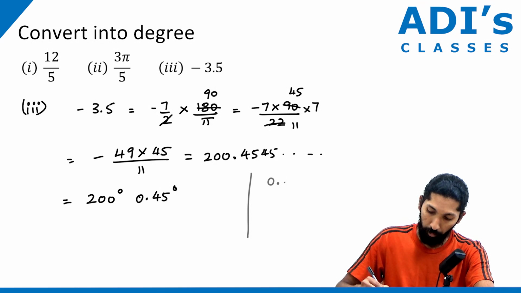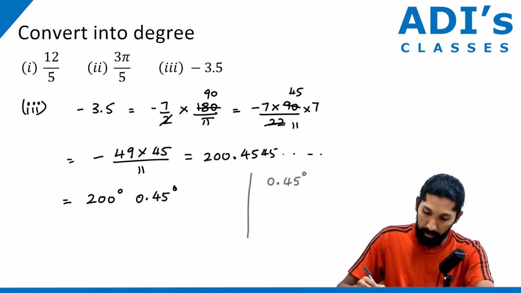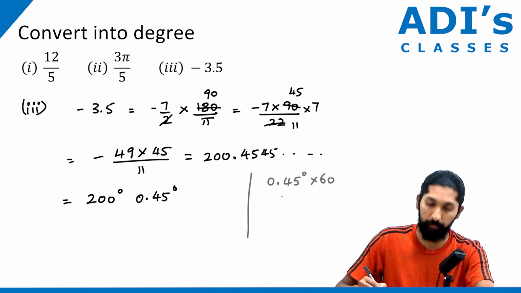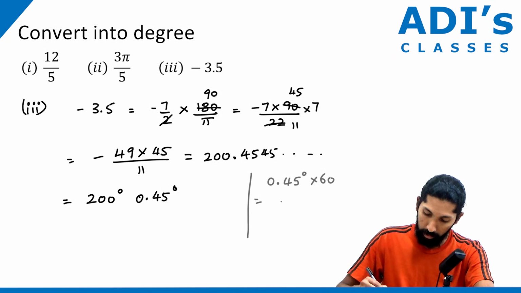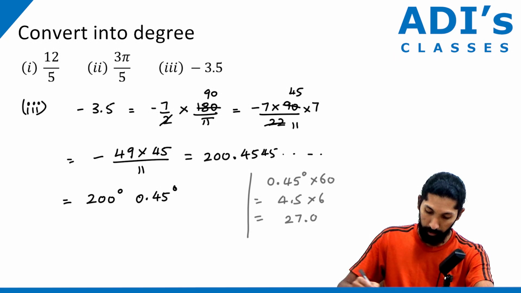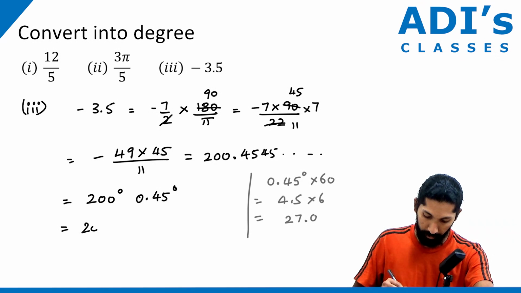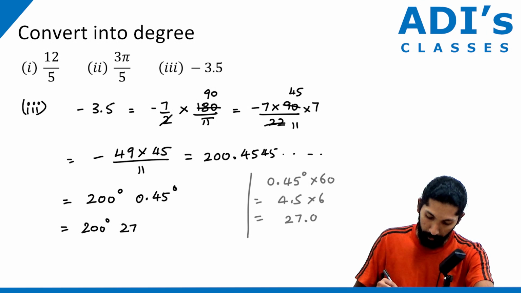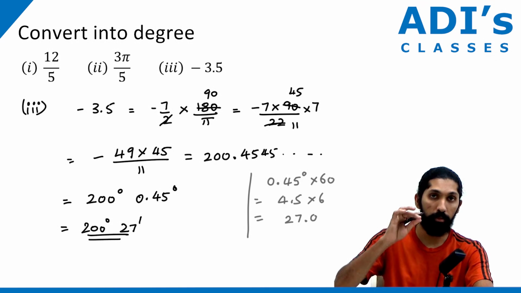So 0.45 degree, we can write this as this into 60. Correct? So this is going to become 4.5 into 6, which is going to give us 27.0. So you will get 200 degree and 27 minutes. This is the answer for the third question.